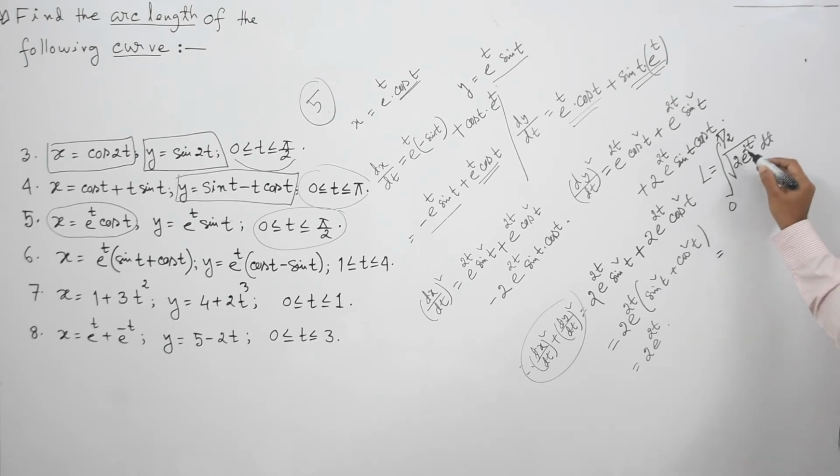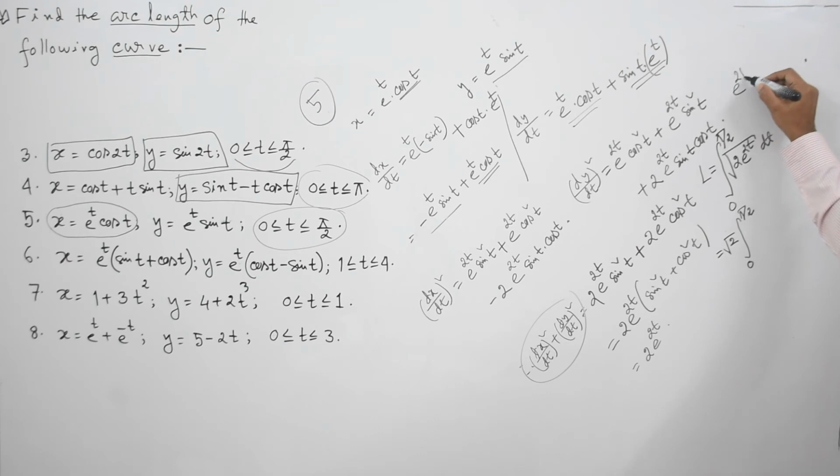This equals root 2, which will go out of the integration, times the integration from 0 to pi by 2 of the square root of e to the power 2t, which is e to the power t, dt.